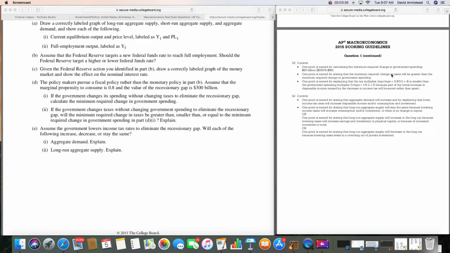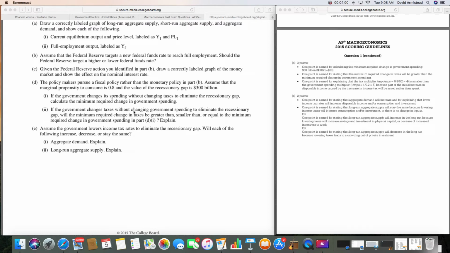So 4x equals 300, right? And then that would give you 75. So, in other words, to get the same amount of spending by cutting taxes, they'd have to cut taxes by 75 billion, or they have to spend 60 billion in government spending. I hope that makes sense. Let me know if you have questions about that.